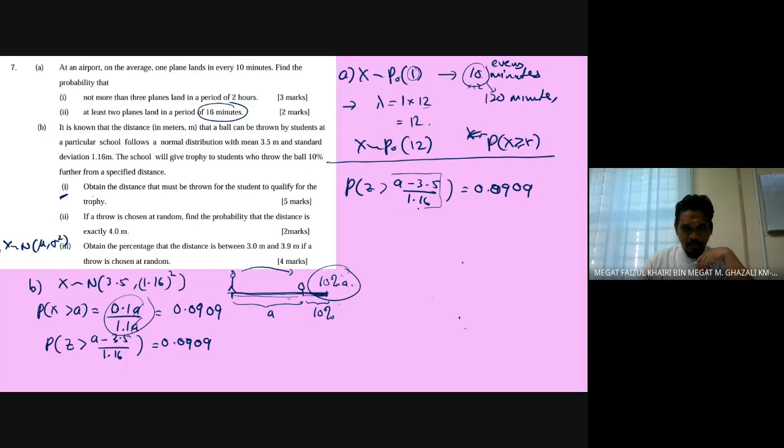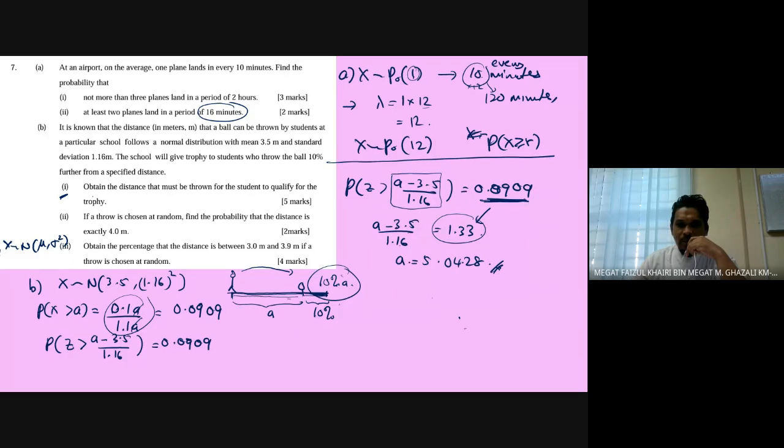Take this, (A minus 3.5) divided by 1.16 equals, find the value of this from the statistical book. It gives you 1.33. So cross multiply, A equals 5.0428. Find this in your statistical book and it is going to give you 1.33, so equating it, A equals 5.0428. So this is the answer for B1.